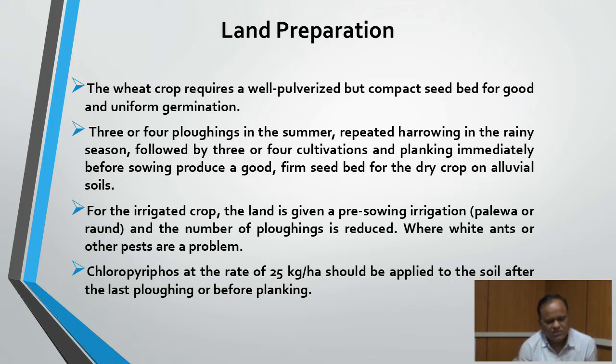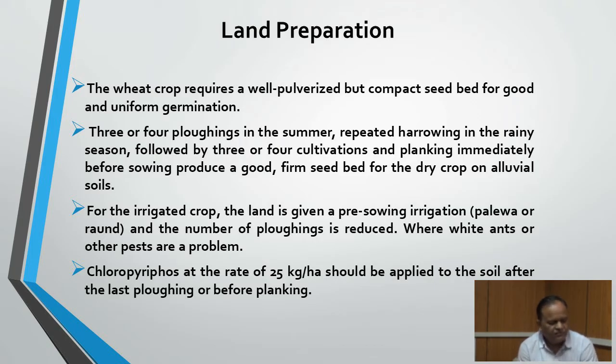But in the same situation, if you grow chickpea or chana, then there should be clods, not well pulverized soil. So the ideal situation for wheat crops is well pulverized soil.